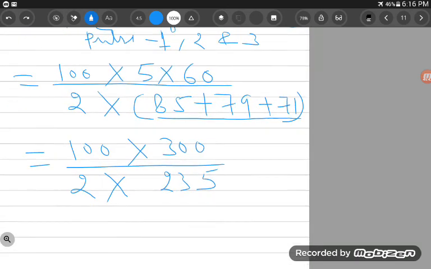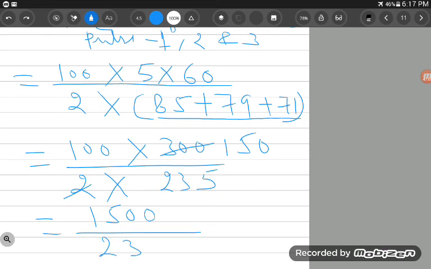When you multiply here and cut here, you get 150. 100 multiply 150 is equal to 15,000 upon 235.